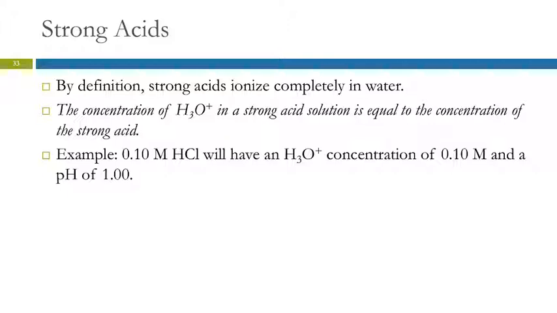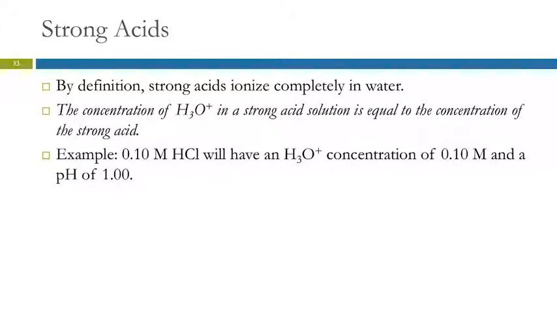So when we're looking at a strong acid solution, the concentration of hydronium ion is the same as the concentration of the strong acid. If we have a 0.1 molar HCl solution, this is a strong acid that ionizes completely, so that'll give us 0.1 molar H+ or H3O+ and 0.1 molar chloride, right?